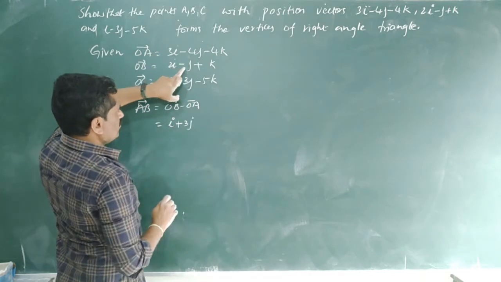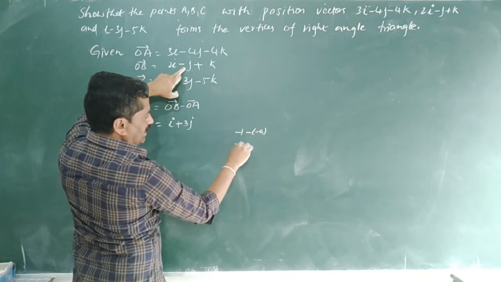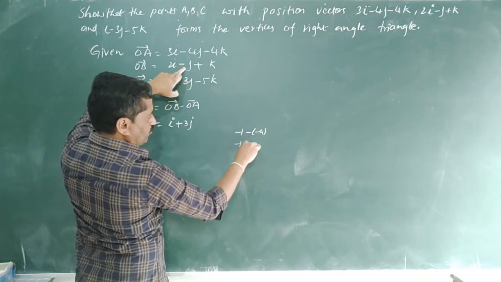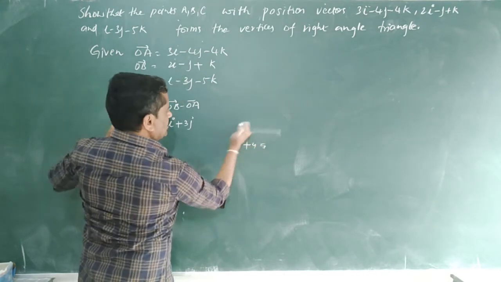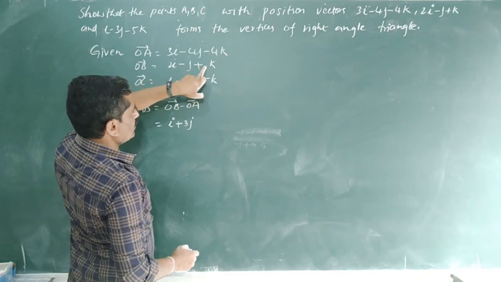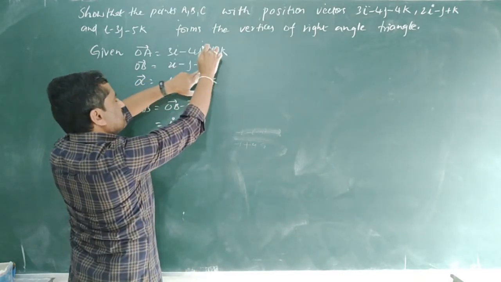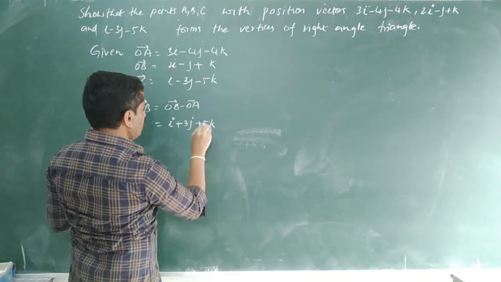Again 1 minus of minus 4, that is 1 plus 4, we have plus 5k.